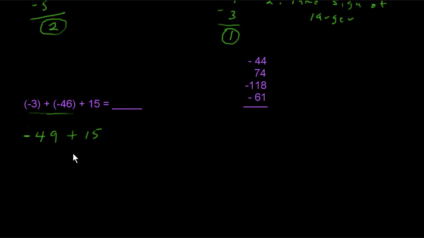Now our signs are different, and so we're going to subtract the smaller number, the 15, from 49. And we get 34. And we want to take the sign of the larger of those two. Out of negative 49 and 15, negative 49 is larger in size, so we take its sign, and our answer is negative 34.